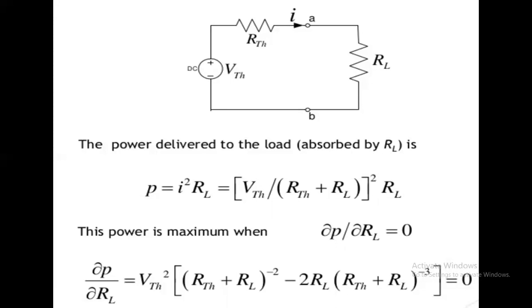Then we can find the condition of maximum power flow. So dPL by dRL equals VTH square into RTH plus RL to the power minus 2, minus 2 RL into RTH plus RL to the power minus 3. That should equal 0, because maximum power will flow through the circuit when dPL by dRL equals 0.